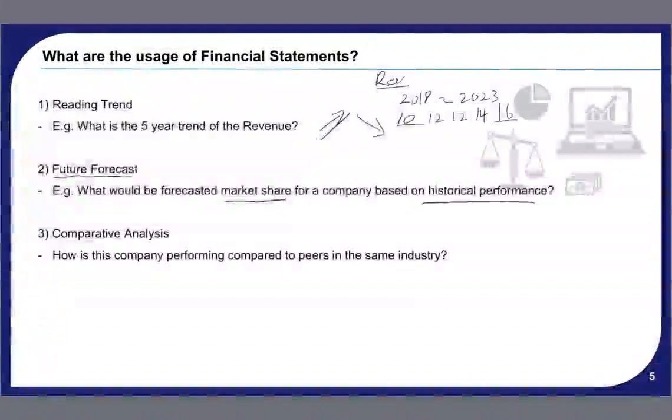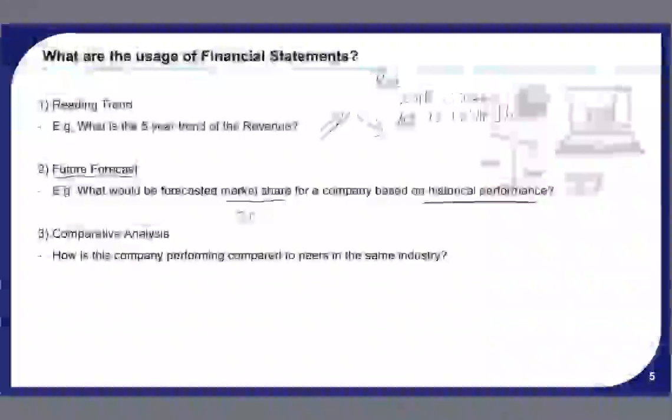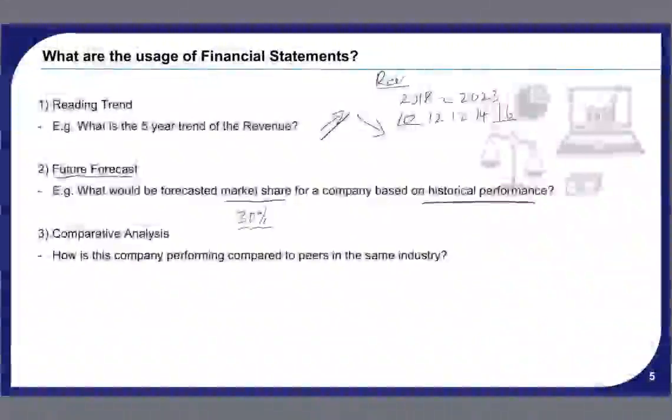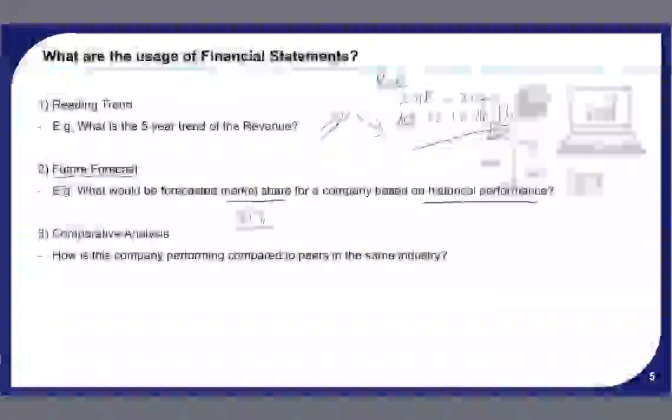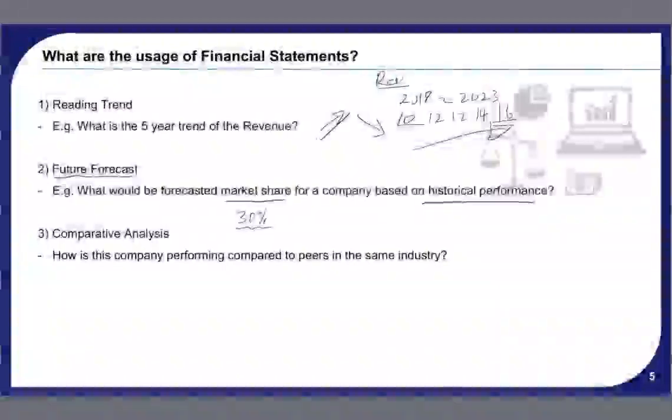So let's say the company's current market share equals 30%, and we want to look at the trend. Let's connect with the previous example here. Let's say that we saw an upward trend, and all of these are historical numbers, because they occurred before the present time.